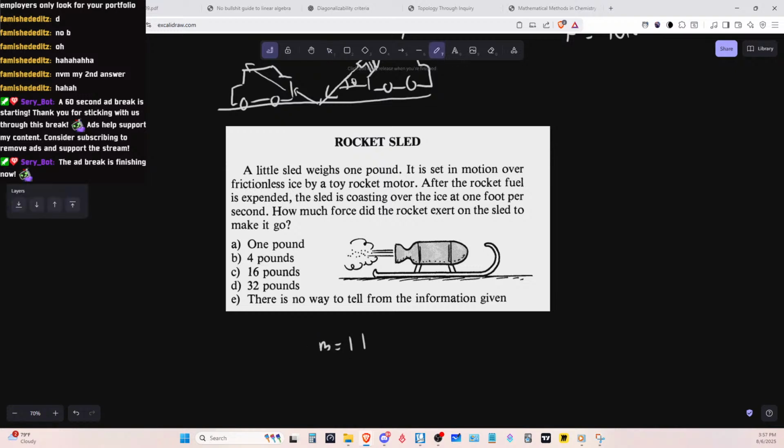We'll just put 1 pound. But I do want to convert that. That's 1 pound of force, and then we have to convert that to newtons, and I'm not looking forward to that. Yeah, we might as well convert it.